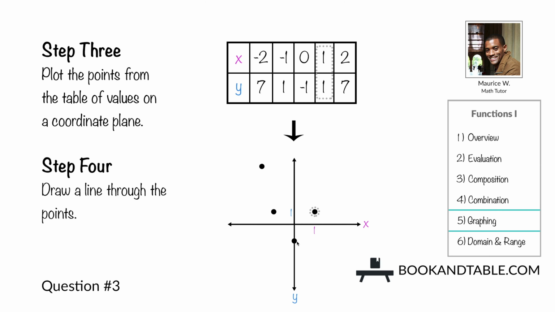The fourth point is 1, 1. And the fifth point is 2, 7. And with this, we have the 5 points we can use to sketch h of x. So this would be the sketch for h of x is equal to 2x squared minus 1.